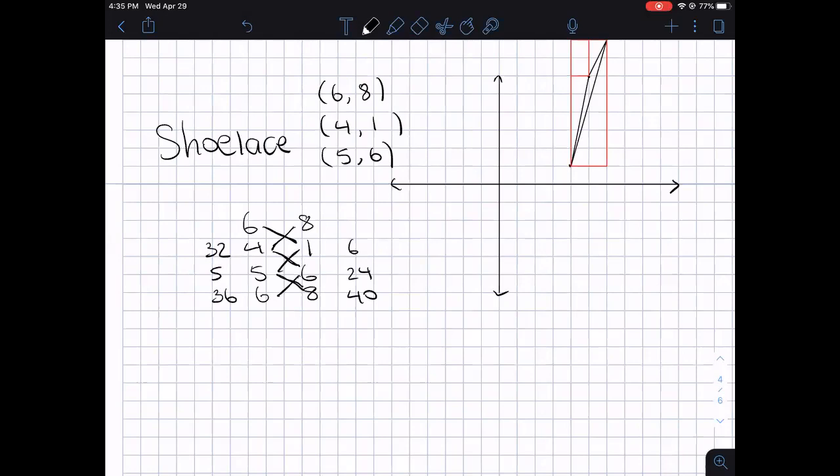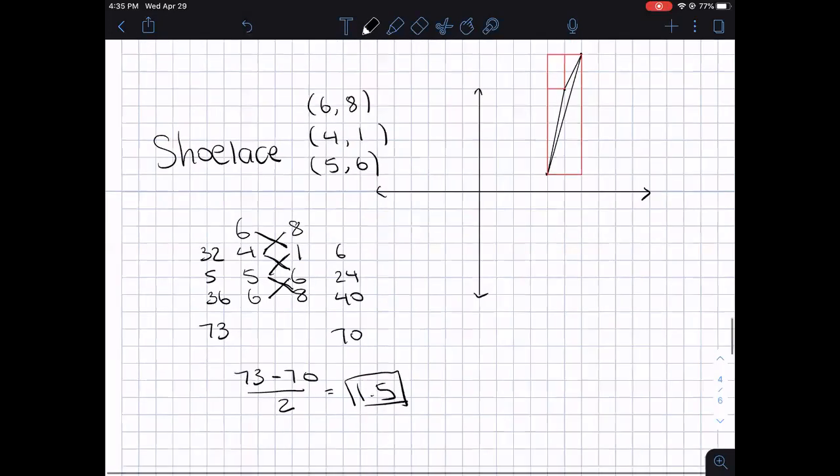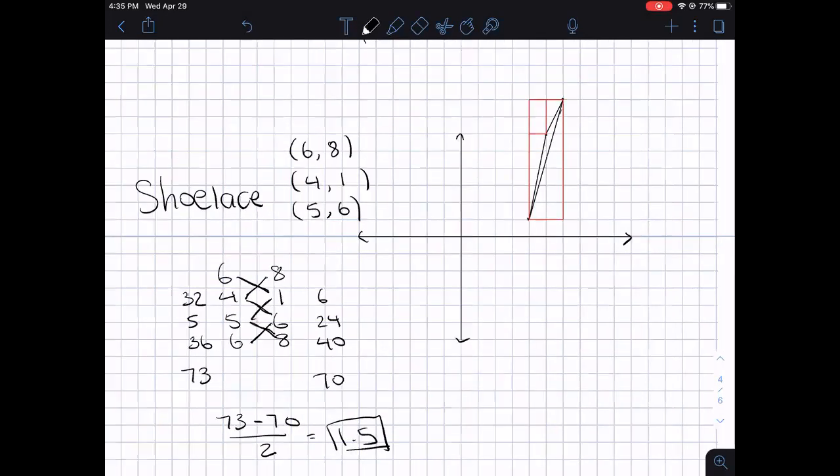So now you add these together, and on the left side, you get 73. And on the right side, I think you get 70. So for the formula, you subtract these two and divide by 2. So you get the area to be 1.5. And that makes somewhat sense because this shape is really thin.